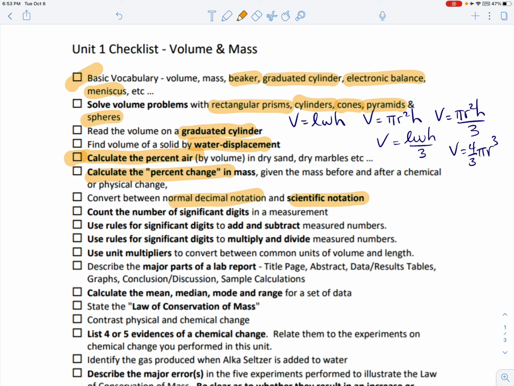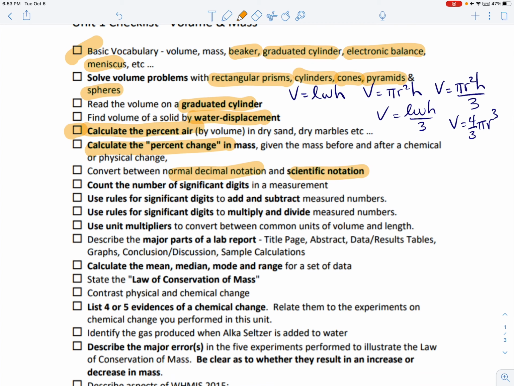Be able to convert between scientific notation and the normal expanded or decimal notation back and forth. There's lots of review on that online on YouTube if you're having trouble with it. Know how to use your calculator to enter scientific notation as well. Significant digits are a really important idea both in this unit and throughout the course.